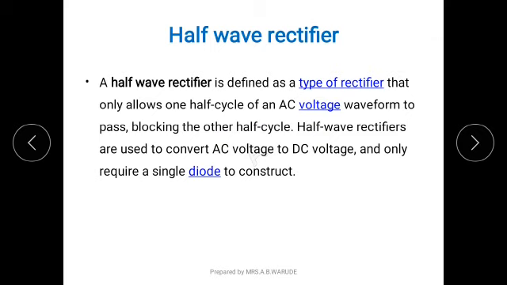But in full wave rectifier, it uses both the half cycles. And these half wave rectifiers are used to convert AC voltage into DC voltage or AC current into DC current, and it requires only a single diode to construct.